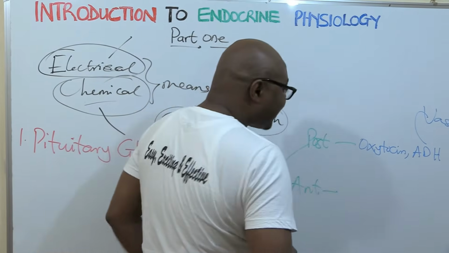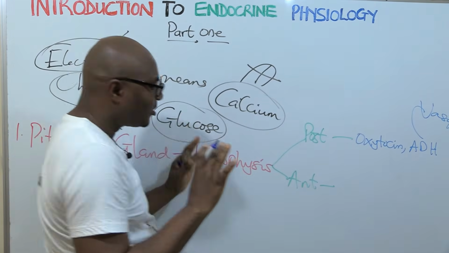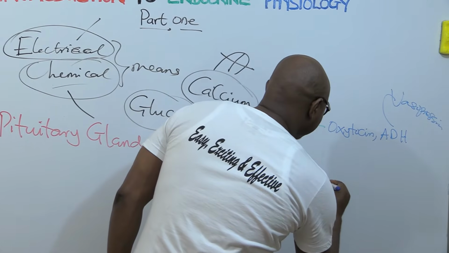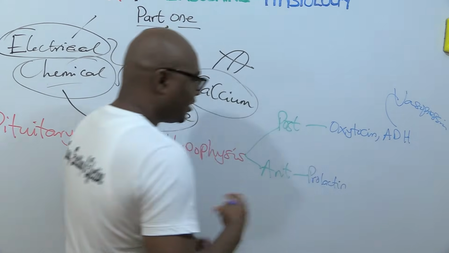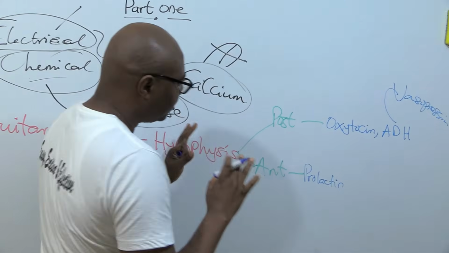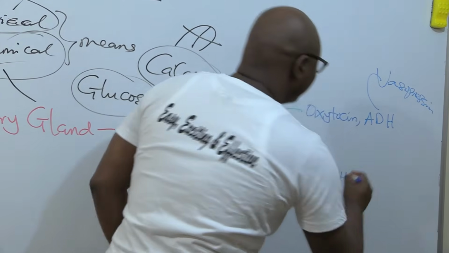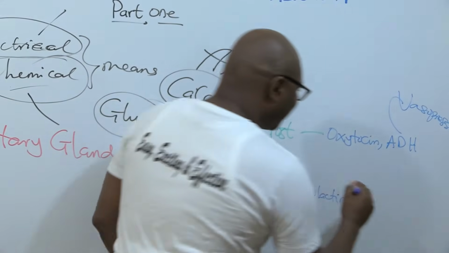Then the anterior part has 6 hormones. Now, one of them is prolactin. It has to do with milk secretion. Then you have another one, growth hormone, which deals with growth.